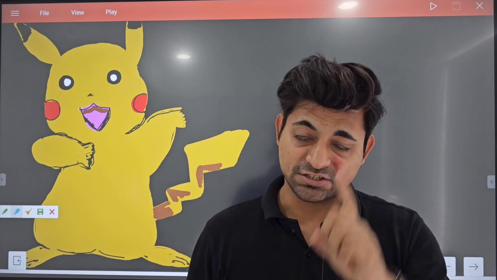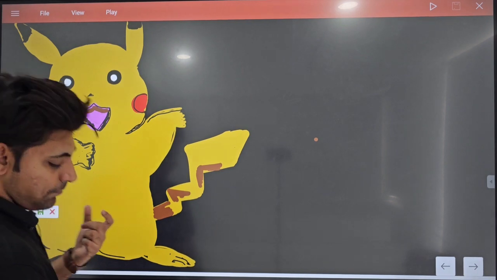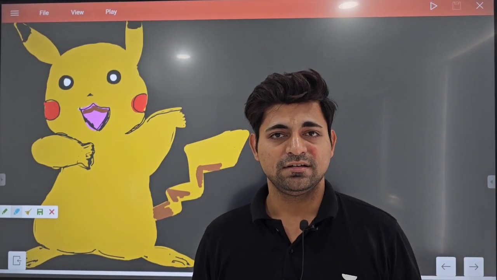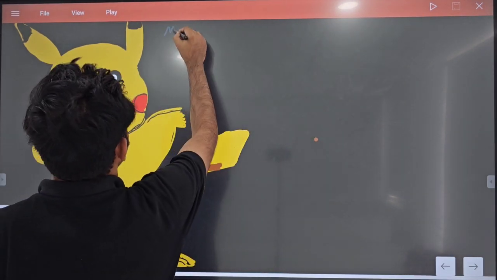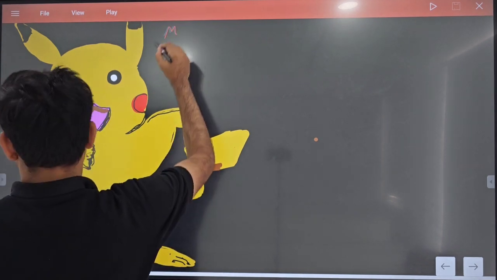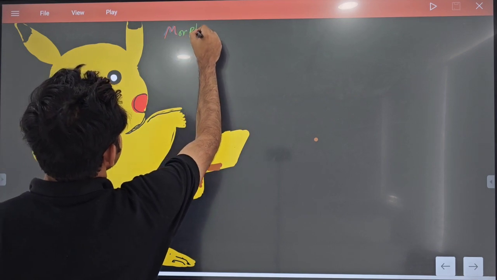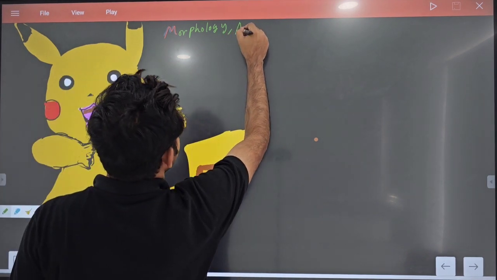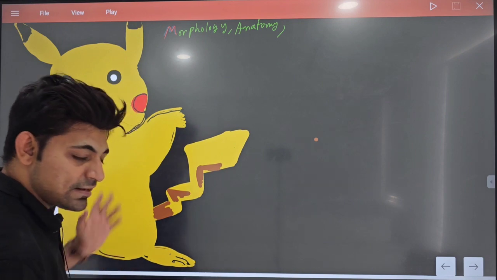First, characterization. Remember, first characterization. Based upon the criterion, the morphological characteristic features, anatomical characteristic features, you have to study all the aspects. Morphology, the outer features, you have to study. Anatomy, meaning internal organs.